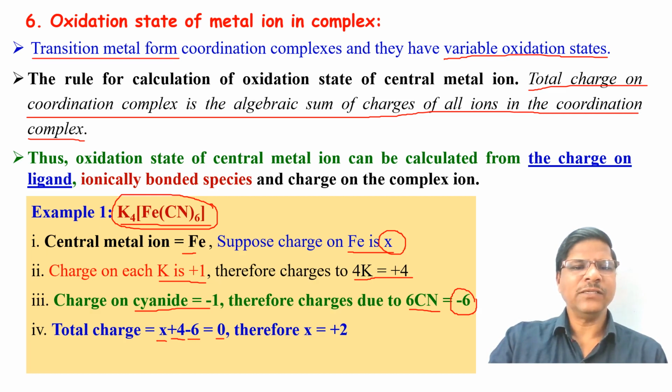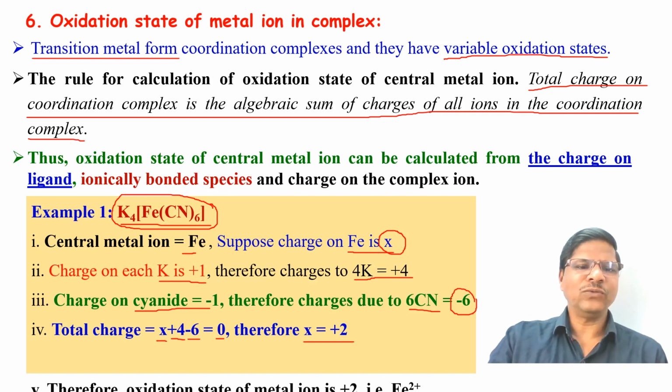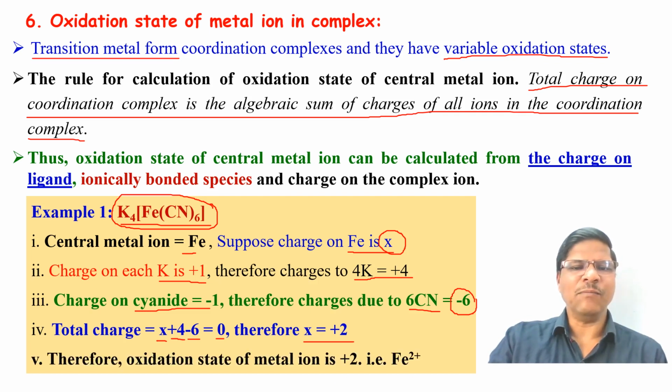The algebraic sum is 0, and if you calculate X, you get X equal to +2. So iron is in the +2 oxidation state in potassium ferrocyanide.